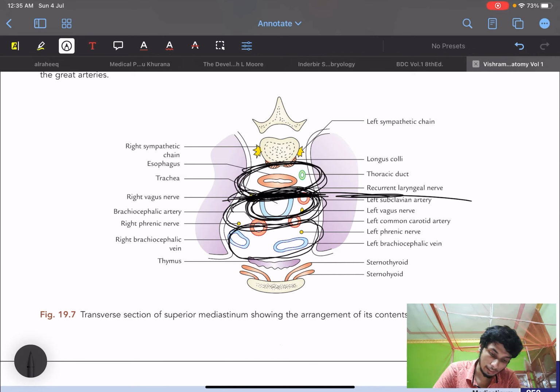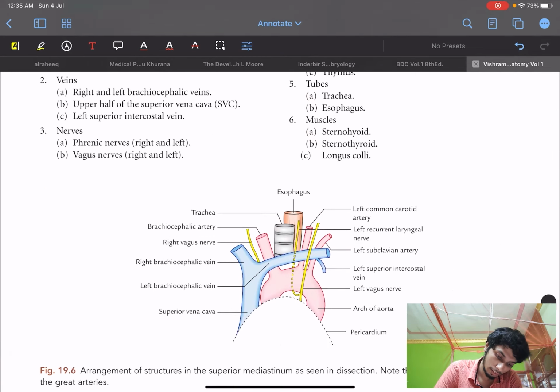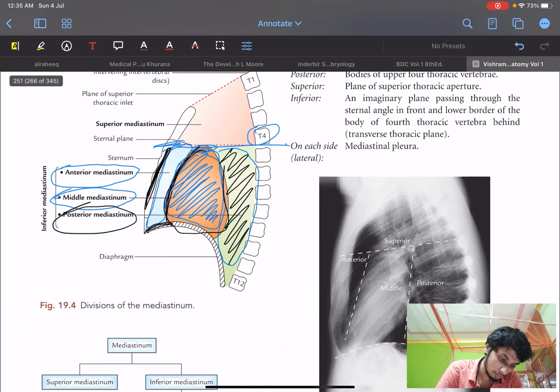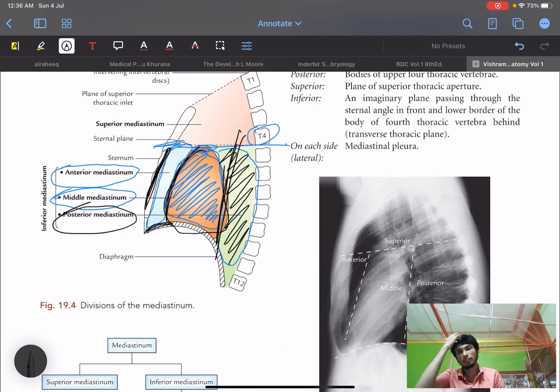This is the transverse section seen from above. Almost at this position is the trachea.